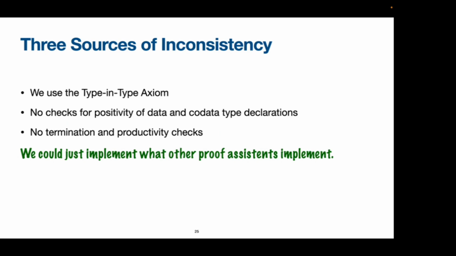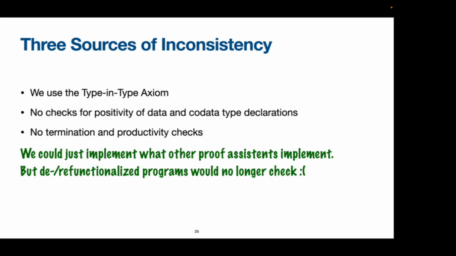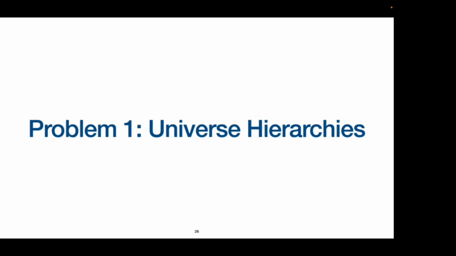And we could implement termination and productivity checks, for example, by checking for structural recursion, and that every recursive call of a function is done on structurally smaller arguments. But the de- and refunctionalized programs would no longer check. So I will now give you three examples to show why this is the case.